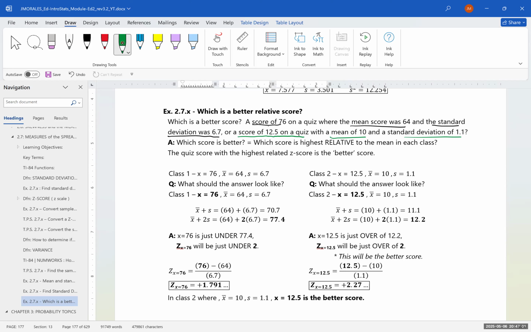So imagine you had two separate classrooms. Okay, so we have two separate classrooms. Here's classroom A, and then we've got classroom B.